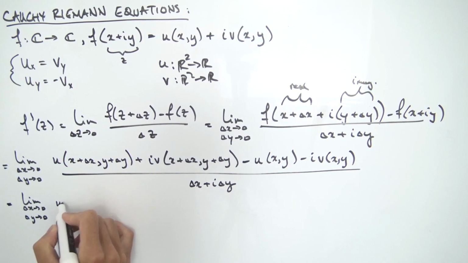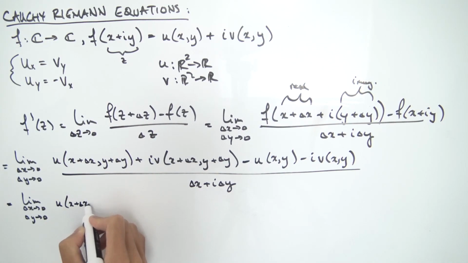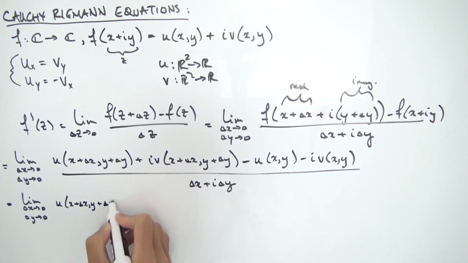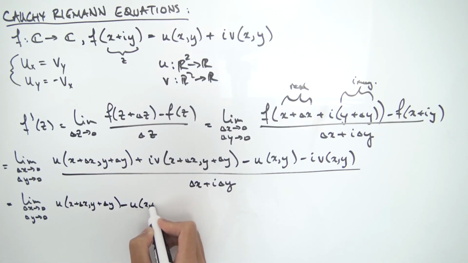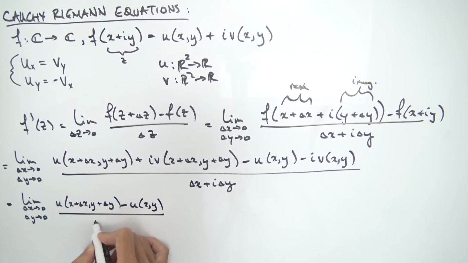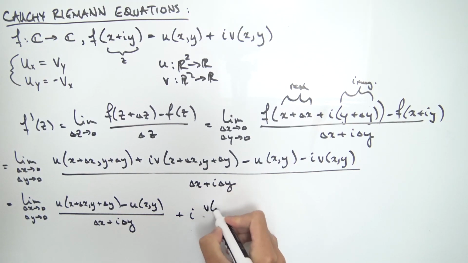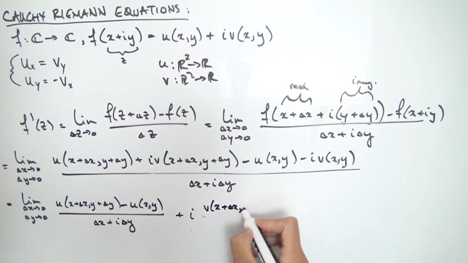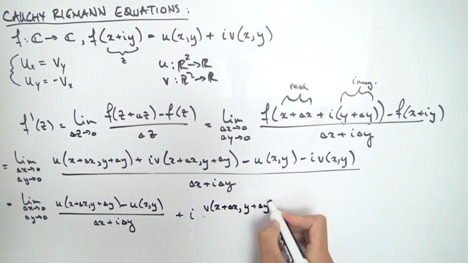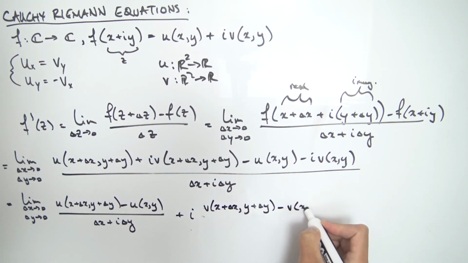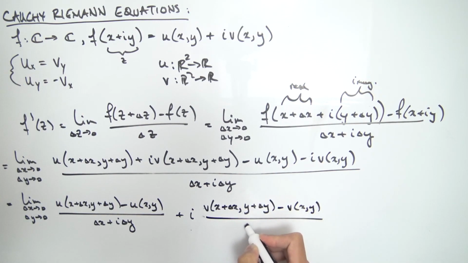We're going to get u of x plus delta x comma y plus delta y minus u of x comma y, and then this is divided through by delta x plus i times delta y, and then we're going to add the imaginary part, which is our v function, but let's also factor out an i, and if we do that, we're going to get i times v of x plus delta x comma y plus delta y minus v of x y, and then this is divided by delta x plus i times delta y.